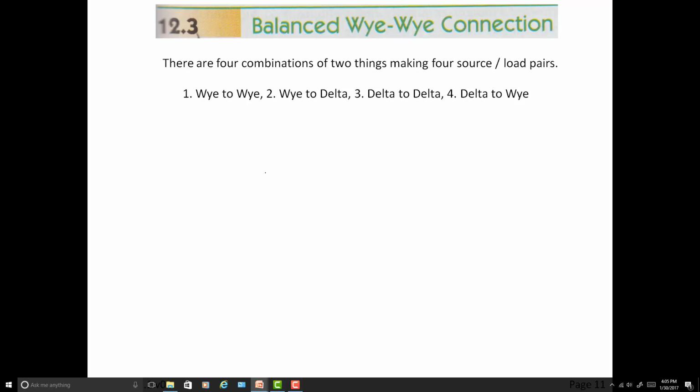So now we've got to hook up balanced loads, various loads with various sources. And we have 2 configurations, the Y source and the Y load, the delta source and the delta load. So there's 4 combinations of 2 things, right? 4 source-load pairs, and here they are: Y to Y, Y to delta, delta to delta, and delta to Y. Some of these may seem more natural.